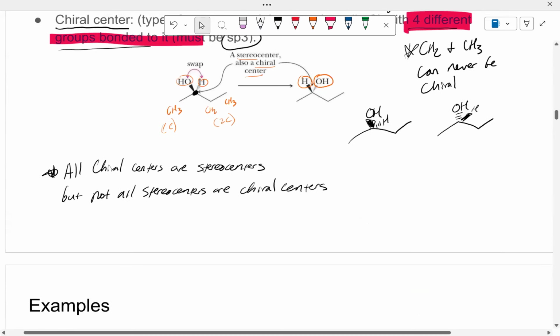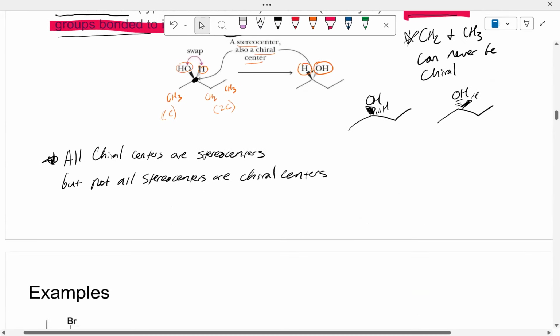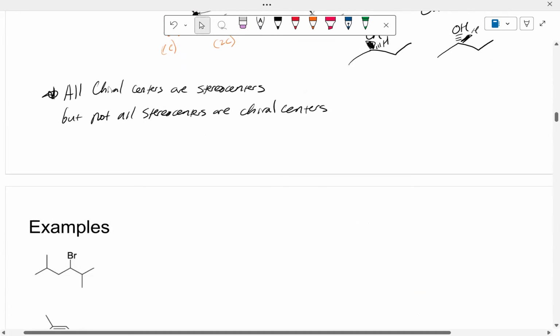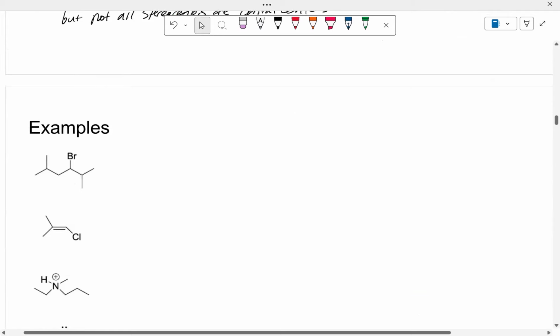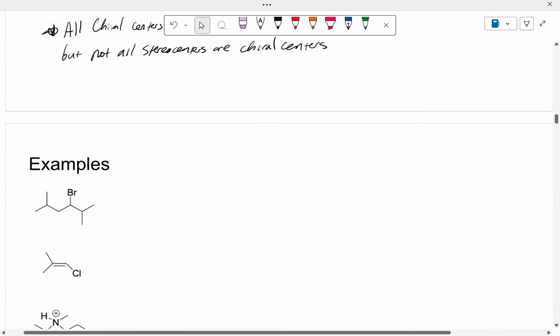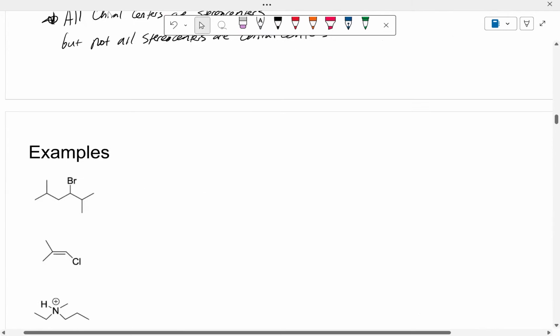So that's why that statement down there is true, because all chiral centers are stereocenters, but not all stereocenters are chiral centers. So what we're going to do in these problems is find stereocenters and then label them as chiral or if they're just a regular stereocenter.